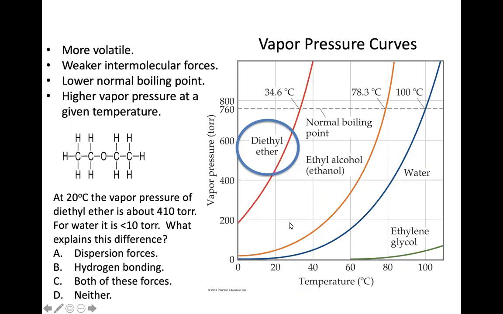So the data is being provided. We're comparing diethyl ether and water. What would you use to explain the difference? I really like this question because this is a really good example of this format for how these questions are set up.